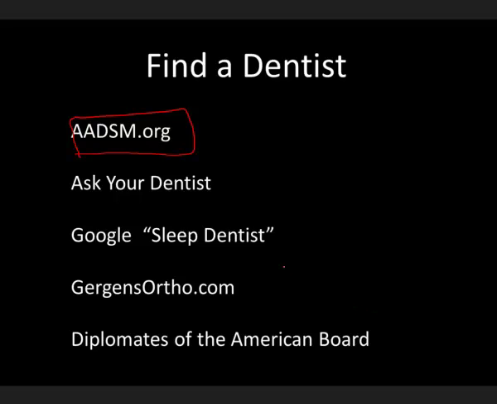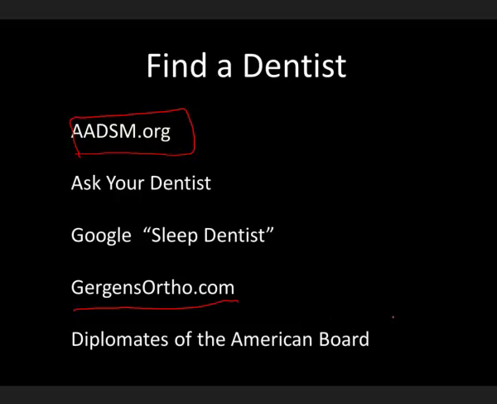You can ask your dentist at your next cleaning, by the way, I need to find a dentist that does this, and maybe they know who in town has been taking the training and put themselves out as the sleep dentist. You can also Google that in your town. You can go to Gergen's Ortho, one of the sponsors of this organization, and Gergen's Ortho has clients everywhere. So you can find out from them if they have a client in your town too, and then they're plugged in because they have some confidence in how they can do that.